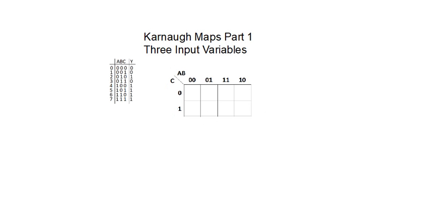Now, let's look at A first. Input A. Everywhere that A is 0, that's these two columns, we call that region not A, or A not. Didn't mean to do that in red.